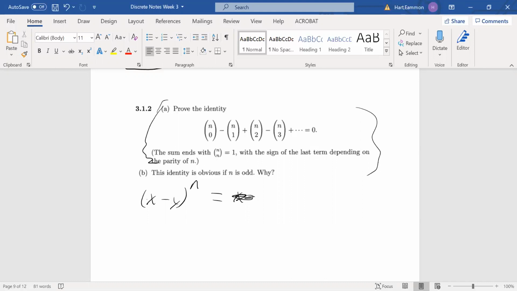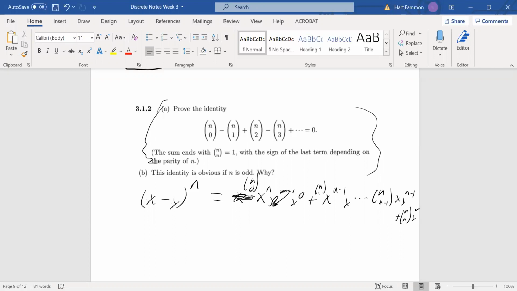So we have x to the n, y to the 0, plus n choose 1, x to the n minus 1 y, all the way over to n choose n minus 1, x y to the n minus 1, plus n choose n, y to the n.